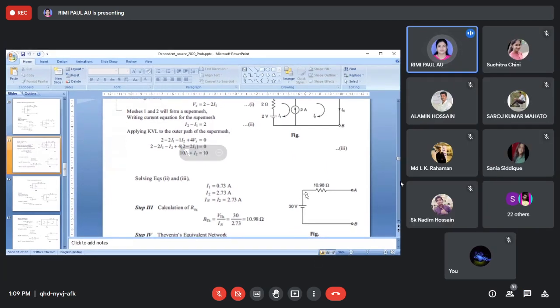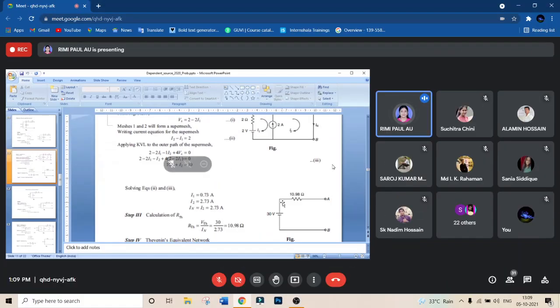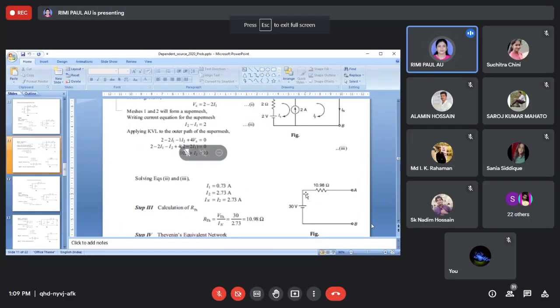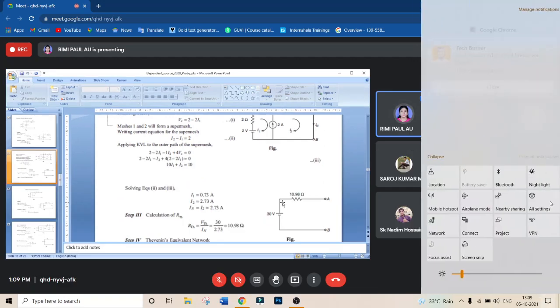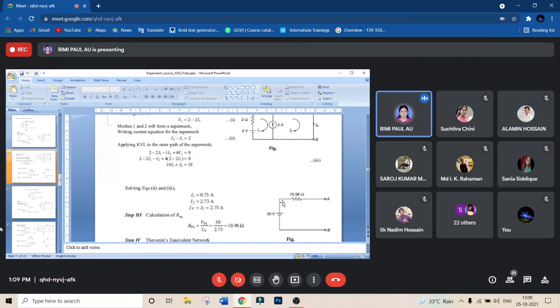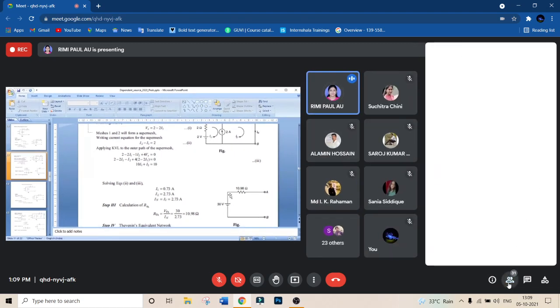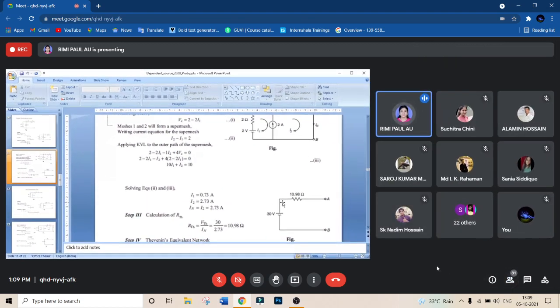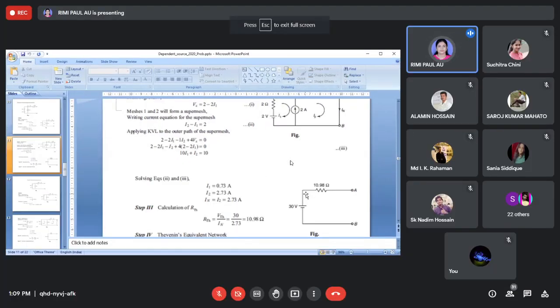Suppose you have one problem from power electronics, that is a DC-DC converter. You will see it in third semester. In a DC-DC converter, you will see there are different switches, BJT or IGBT or MOSFET type, a diode, and also a load, RL load.